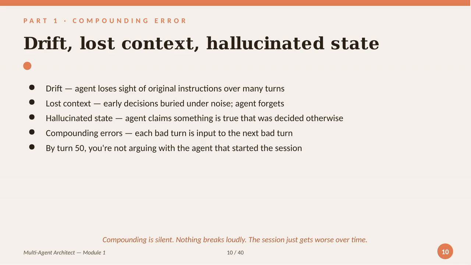By turn 50, the cumulative drift is dramatic. By turn 50, you're not arguing with the agent that started the session. The working memory has degraded enough that the agent's responses are coming from a meaningfully different context than the one you originally established. Compounding is silent.